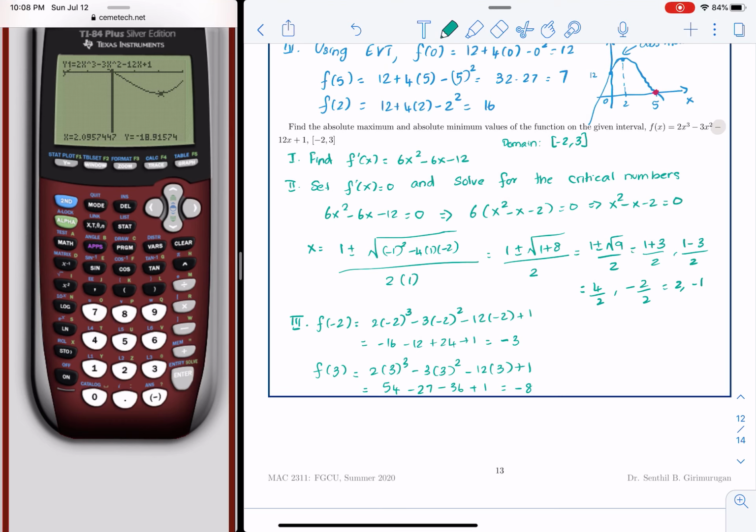So what we have here, again using the extreme value theorem, I have endpoints at minus 2 and 3. At minus 2, I have a value of minus 3.